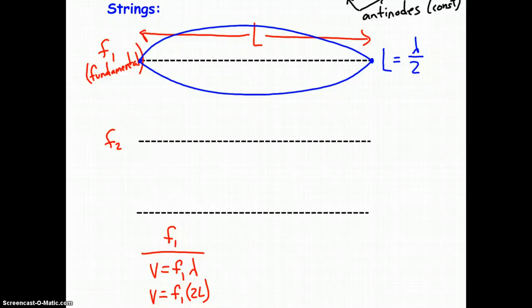F2 is called the second harmonic. What is the next largest standing wave that can be produced on this same length of string, meeting the conditions that you have to have a fixed end on the left, a fixed end on the right, yet produce a standing wave in a string? Well, that would be if we now put a node also in the middle. By the way, how we would do that on a string instrument, we would put our finger there.